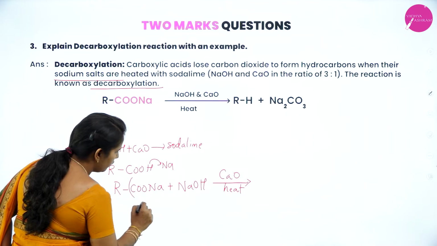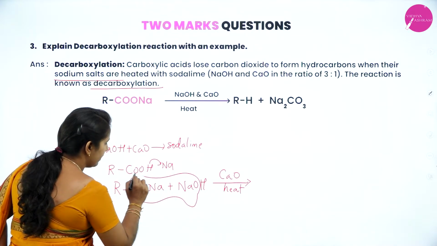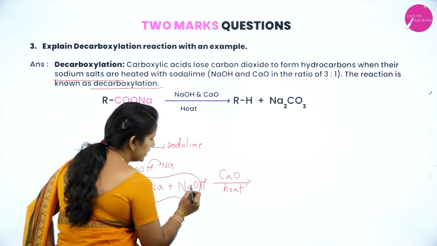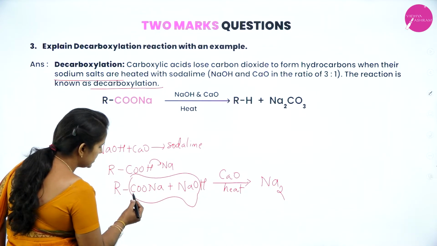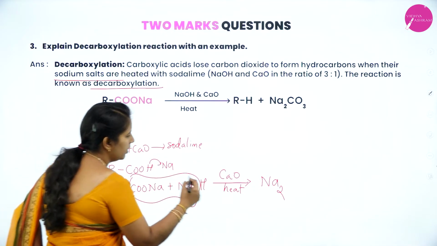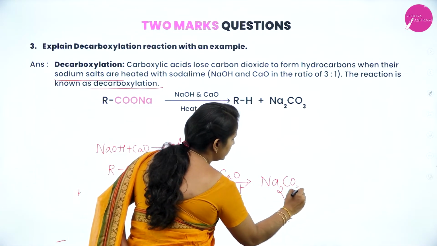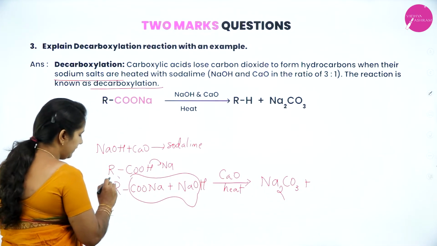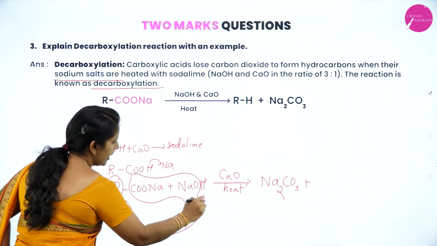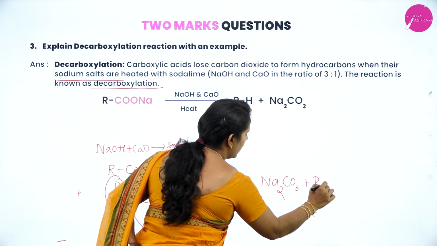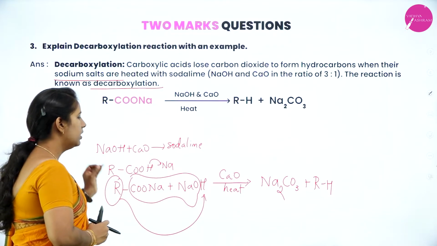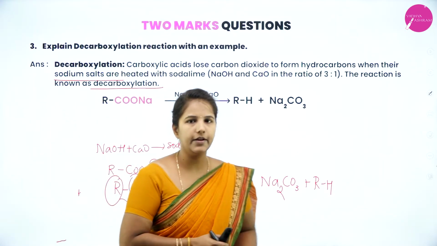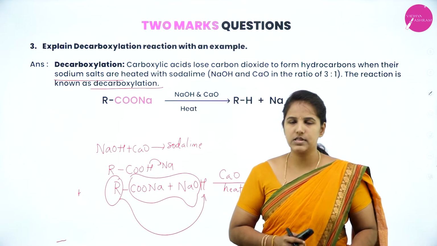This COONa and NaOH. How many sodium do we have? 2 sodium, Na2CO3. Then what is remaining? We have R and lastly we have an H. So it forms what? Hydrocarbon. This is how we can easily eliminate the carbon dioxide group which is there in the carboxylic acid.